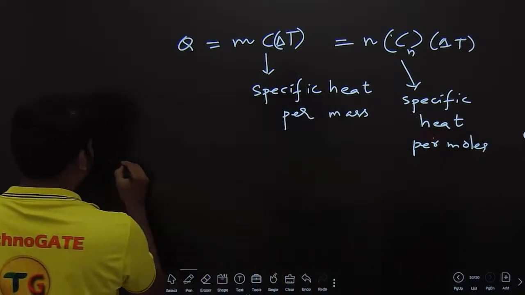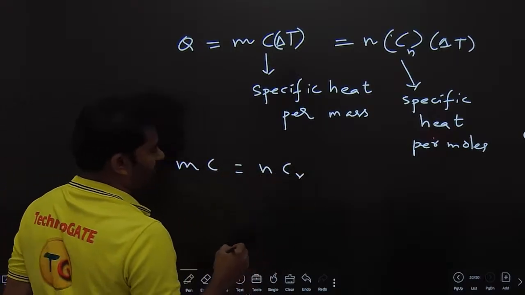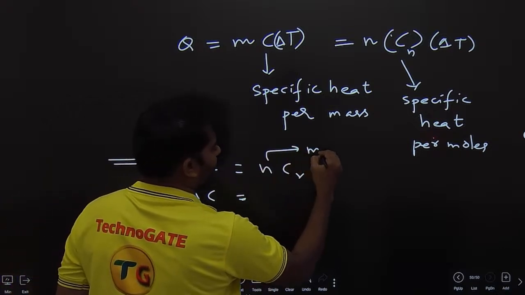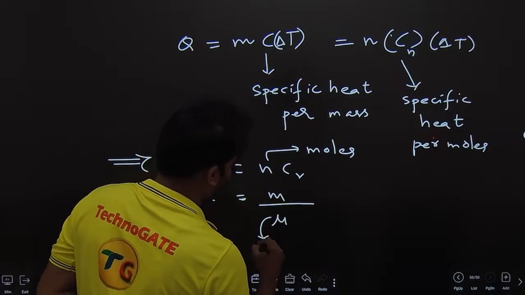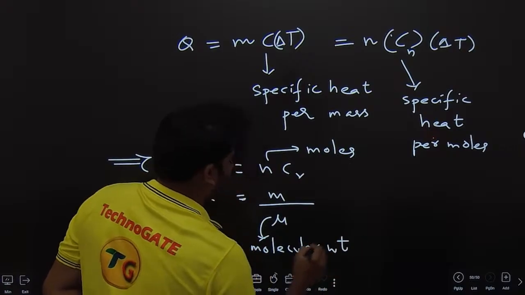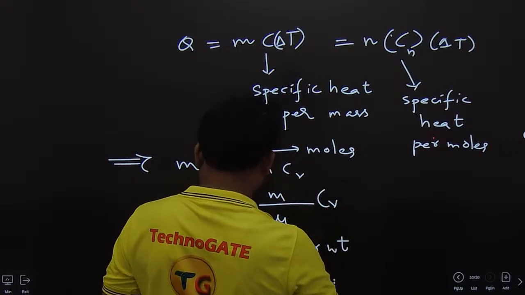So if you equate both of them, M into C is equal to N C_V, and this number of moles, N, is nothing but mass by mu, which is molecular weight, into C suffix V, or I will put it N.